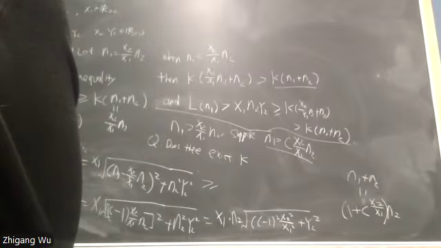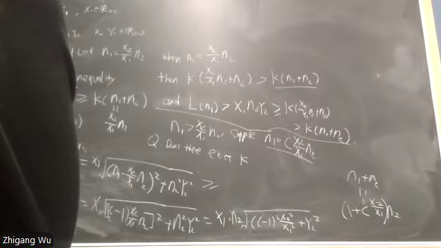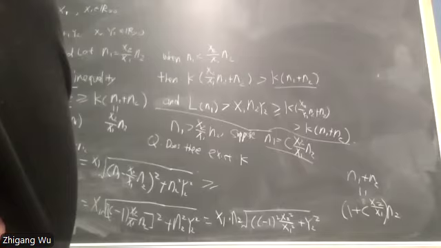Because they have the same growth rate. So if you are letting C go to infinity, if you take the ratio between these two, it's going to converge to a number, right?